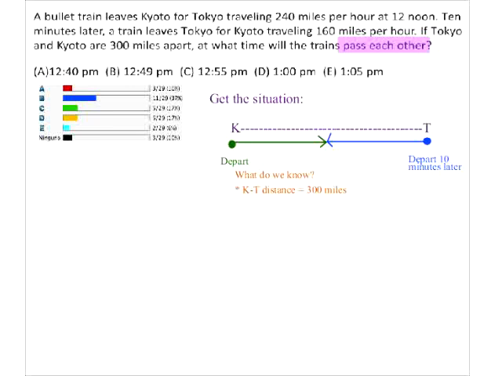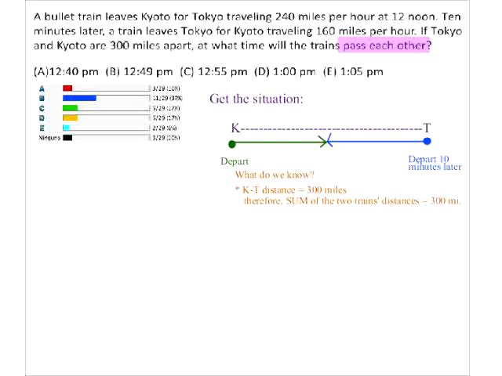Because that's the distance from K to T, what it has to equal 300? Total distance times the sum. So therefore, the sum of the two trains' distances is 300 miles.